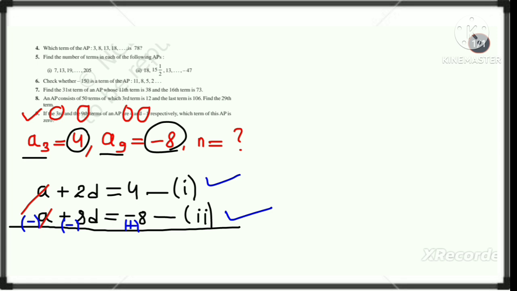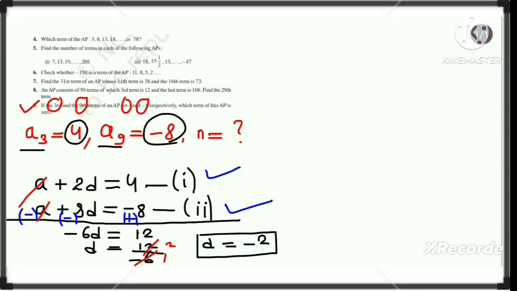After subtracting, we obtain minus 6d, and here plus 8 and plus 4. After adding, we obtain 12. Now d equal to 12 by minus 6, and 6 twos are 12. Okay, in this way we have obtained d equal to minus 2.